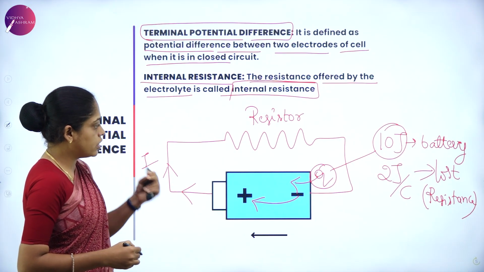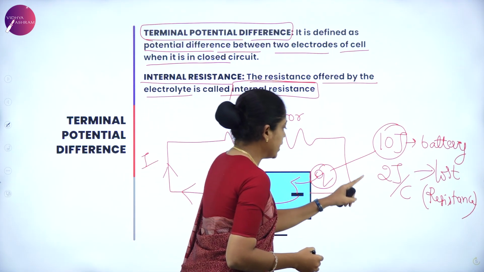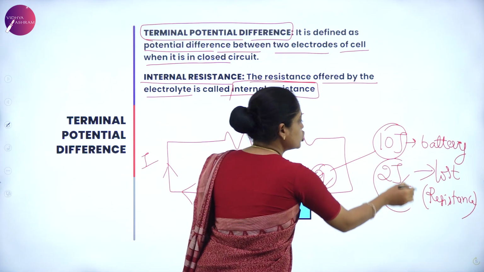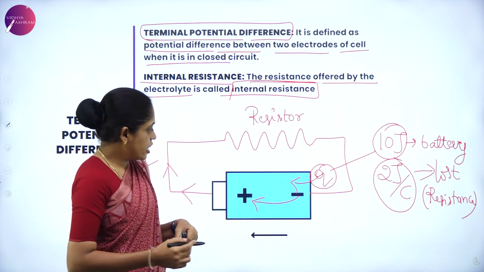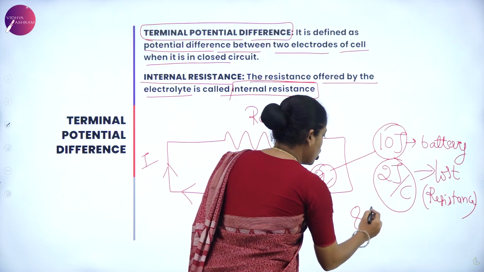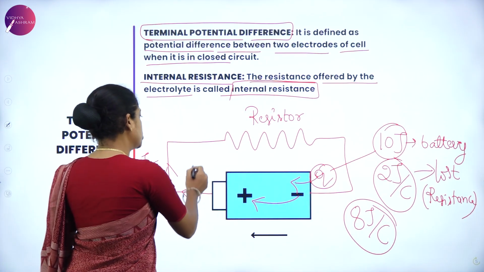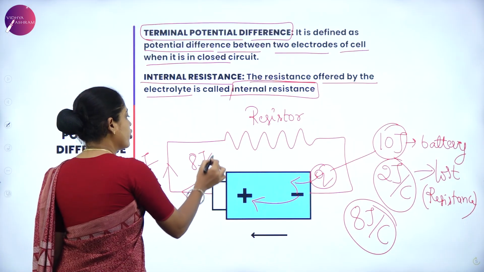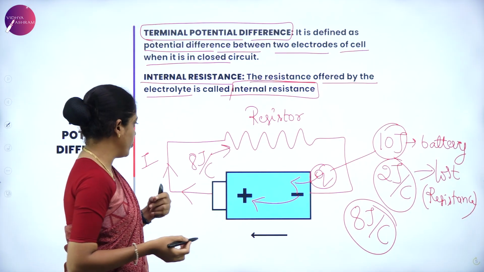So, due to internal resistance, the energy lost by the charge is 2 joule per charge. Now, what is the amount of energy left for the charge? It's 8 joule per charge. This 8 joule per charge is available for the external circuit, that is for the passive component.